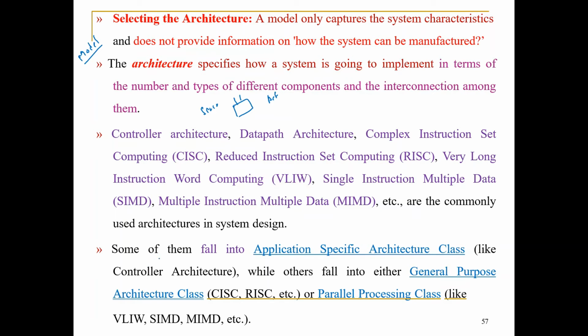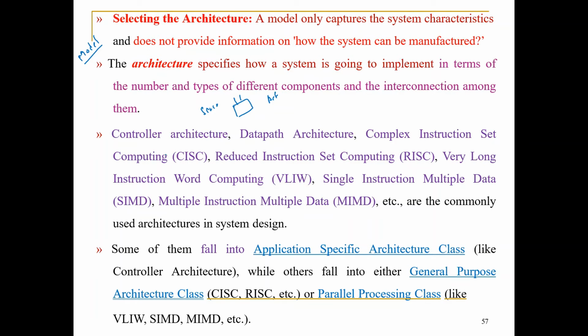Some of the architectures here are application specific. For example, if I speak about CISC architecture, this architecture will work fine only if there are complex instruction set instructions, which means comparatively bigger instructions.